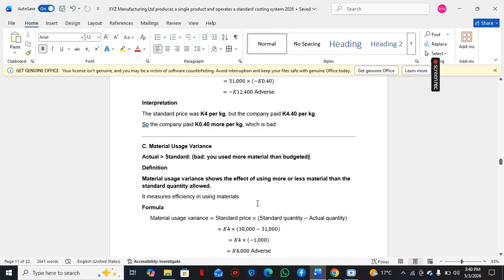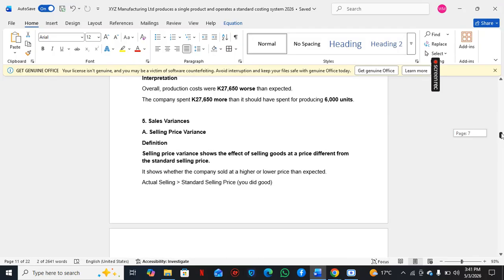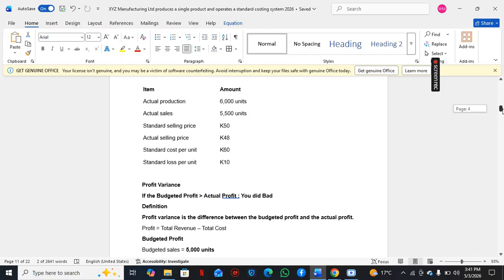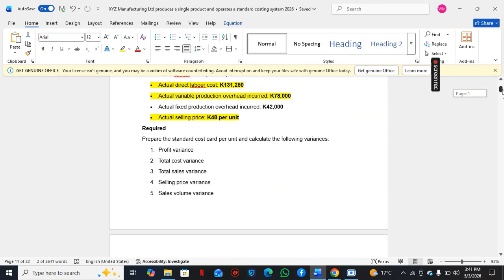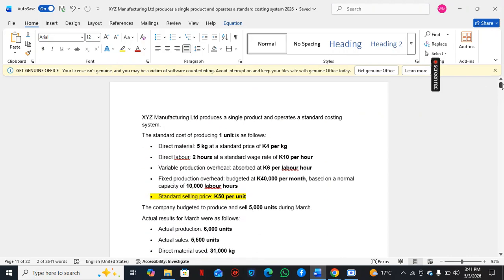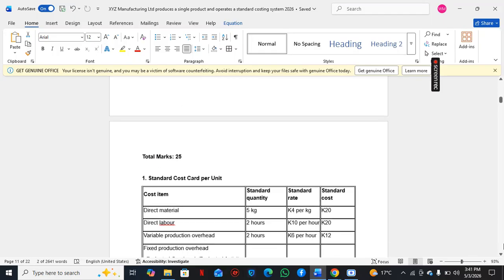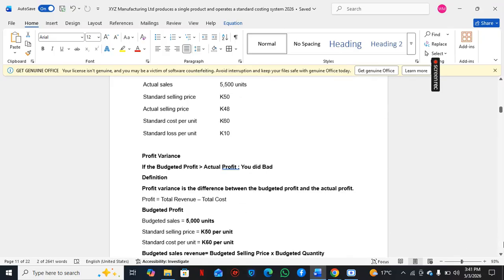So our standard quantity for materials versus our actual quantity. Where was that information?